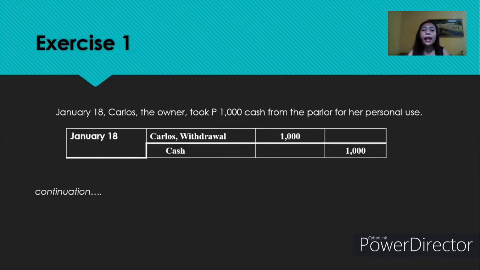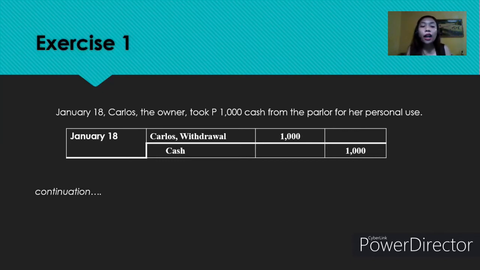Okay, next. January 18, Carlos, the owner, took 1,000 cash from the parlor for her personal use. So when we talk about took 1,000 cash, Carlos already withdrew 1,000 pesos from the business, again for his personal use. So what will be our accounts? Carlos withdrawal, worth 1,000 pesos, and cash, worth 1,000 pesos.